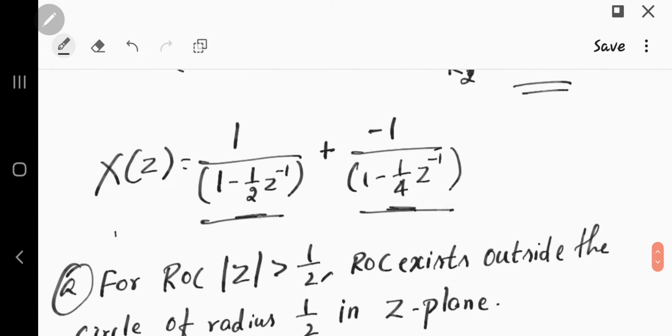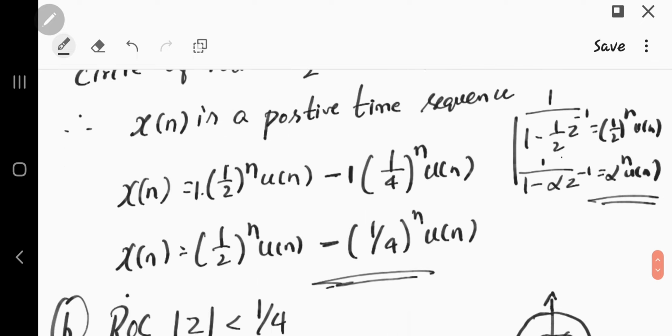Whatever comes inside the circle, that part will be the negative. Whatever goes outside the circle, that part will be the positive time sequence. So based on this, the term related to the first one, 1 minus 1 by 2 z inverse, will be the negative time sequence because ROC is inside this circle, and for 1 by 4 z inverse, ROC is outside this circle, that makes it a positive time sequence.